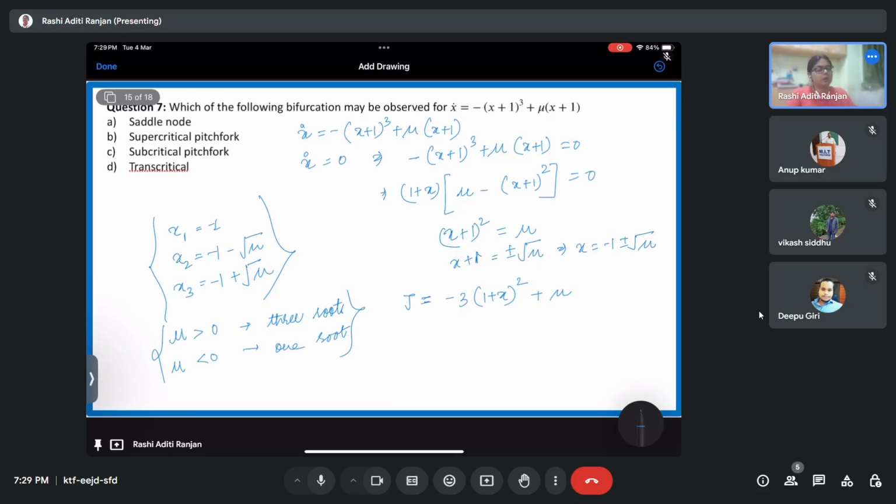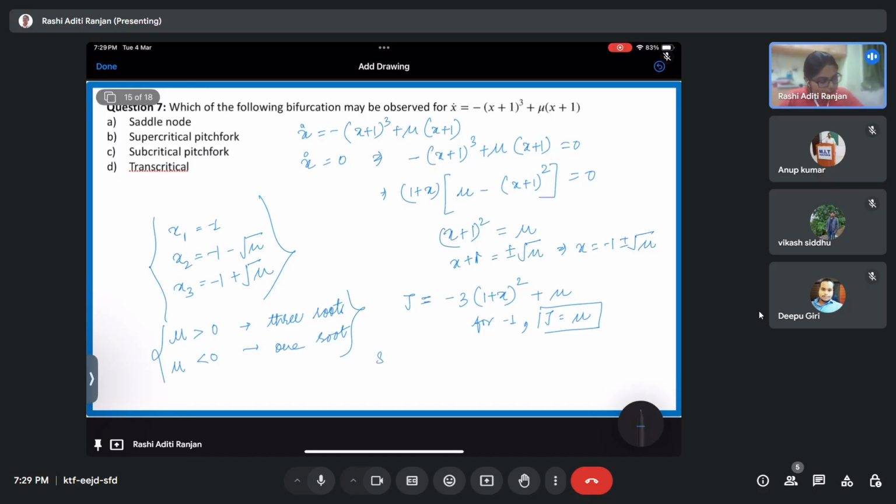Now first I consider the stability of −1. For −1, the Jacobian is nothing but mu. So what do I get to know? If my mu is less than 0, my −1 is stable. But as soon as mu crosses to the positive side, −1 becomes unstable.